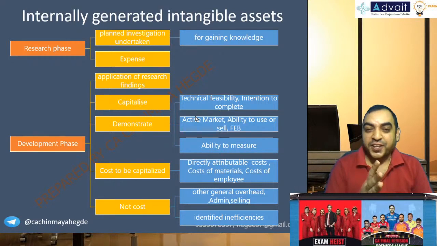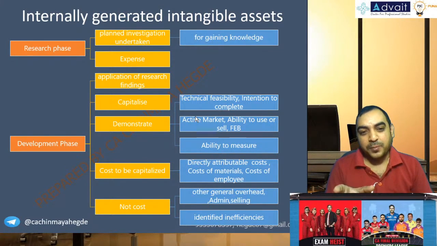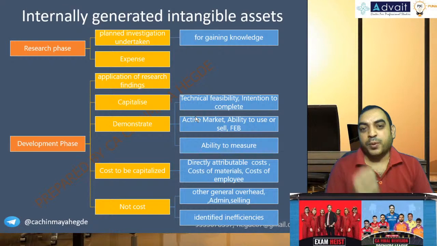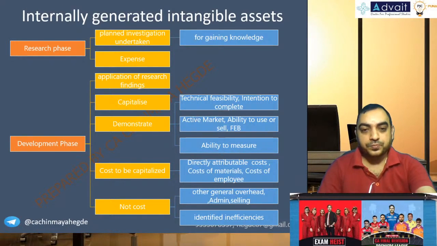Anyway, the difference between knowledge and application is the difference between research and development. Knowledge is not capitalized, though required, because the future economic benefits cannot be established. Whereas development is application, future economic benefits can be established, therefore it can be capitalized.